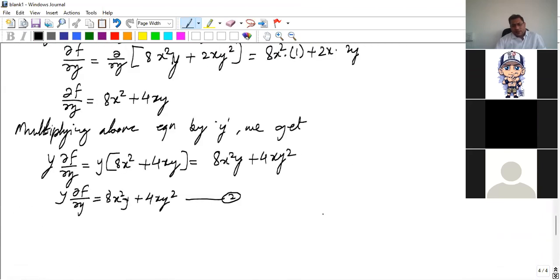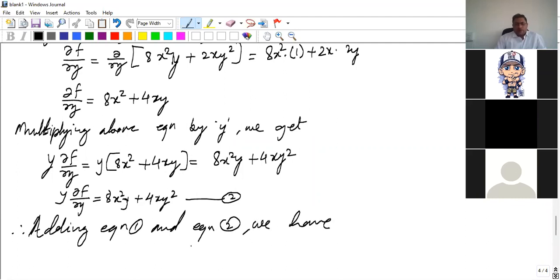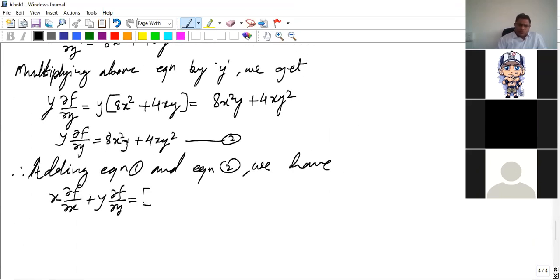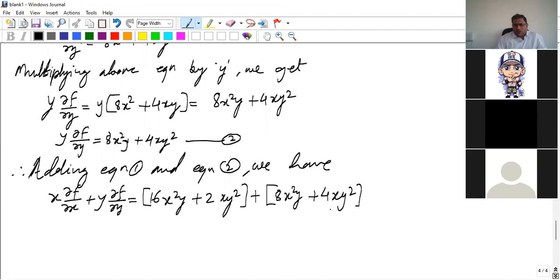Now let us add equation 1 and 2. Hence, adding equation 1 and equation 2, we have x double f by double x plus y double f by double y equal to, see, the first term that we have here, 16x square y plus 2xy square, and plus 8x square y plus 4xy square.